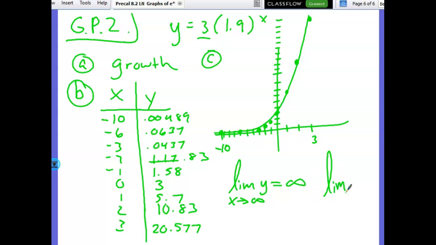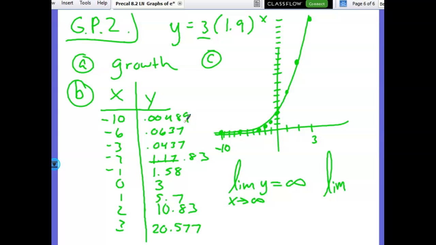What about if I go backwards? As x gets smaller, right? As I go from +3 all the way to -10, now what's happening to my y values? Smaller. Y is getting smaller, but now there's a little bit of a difference. X is getting smaller, more and more negative, right? And yes, y is getting smaller, but it's getting closer and closer to an actual number, 0.